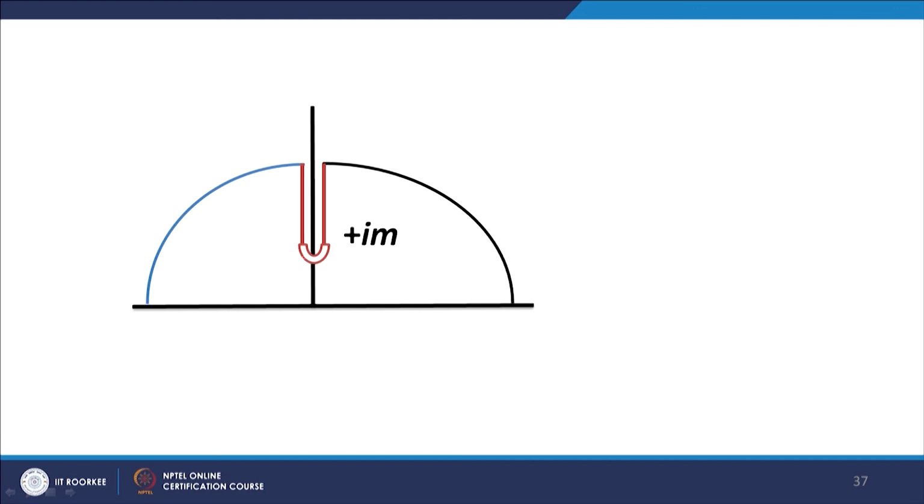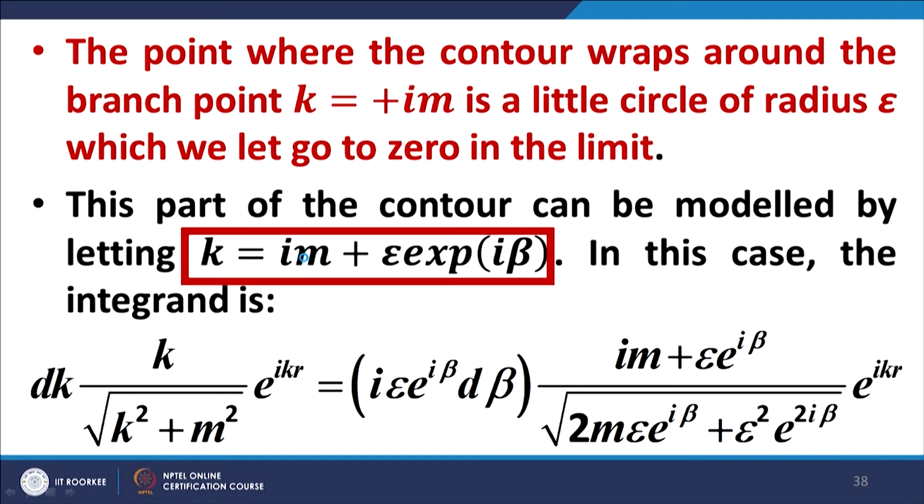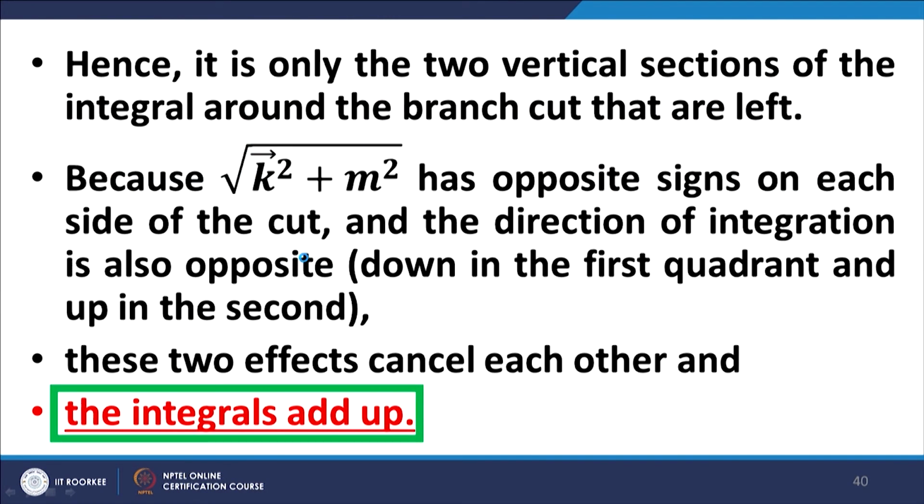And secondly, because the integrand has the square root of k square plus m square, the sign changes when you move from one side to the other. On the opposite sides of the cut, the sign of the square root of k square plus m square will change, and that is one part.